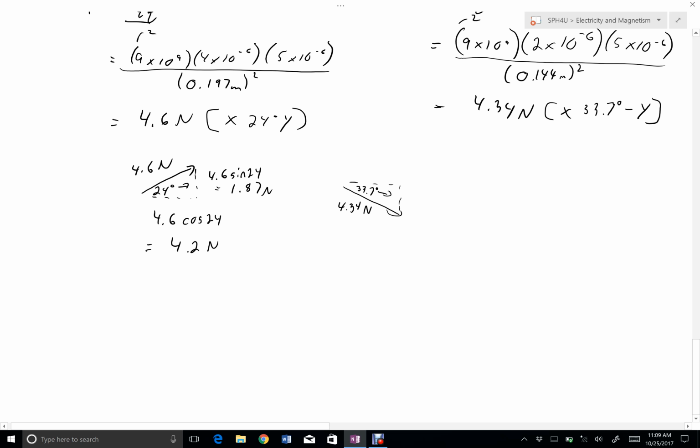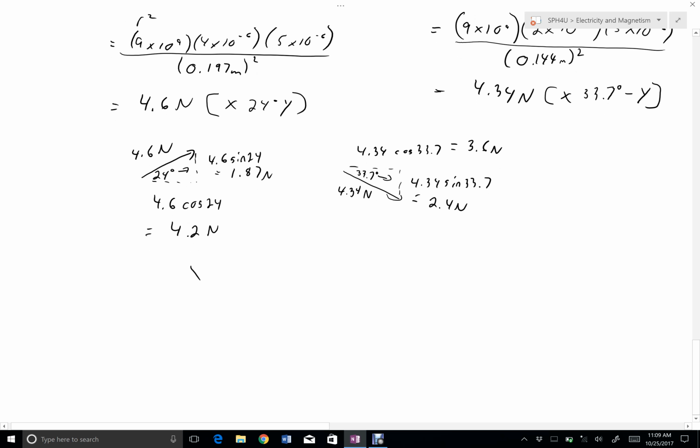Similarly here, this is my opposite, so that's my sine, 4.34 sine 33.7, which is 2.4, and 4.34 cos 33.7, the adjacent side, is 3.6 newtons.